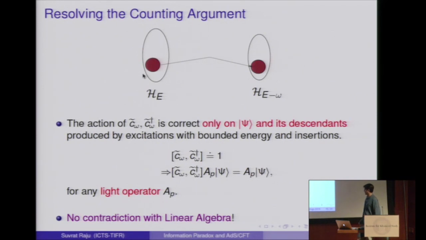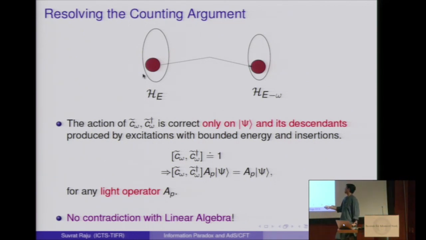Okay, what's our resolution for this? Our resolution is actually again the same. It's the statement that the fact that these operators satisfy the simple harmonic oscillator algebra is correct only about this base microstate that we started with and about all other low energy excitations of this microstate that you can do. Okay, that's our resolution to this.